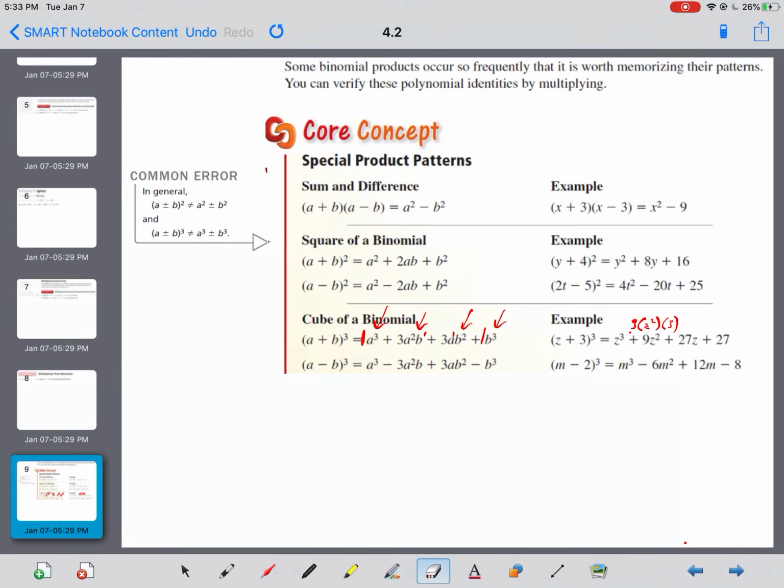That's where that comes from. And then we do 3 times z times 3 squared, which is 9. 3 times 9 is 27, z. And then we finally do 3 cubed, which is 27. It's way easier to write it down. You just write all the places, fill in the blanks. Okay, that's easy to do, just like that.